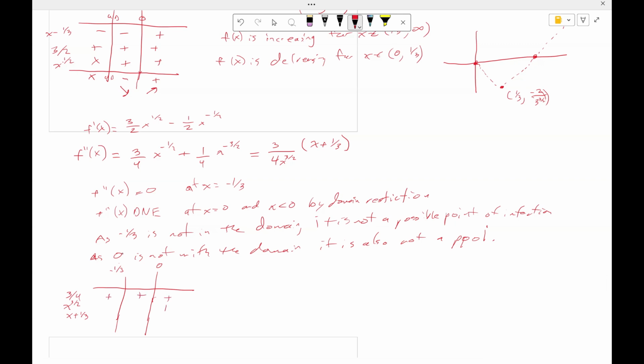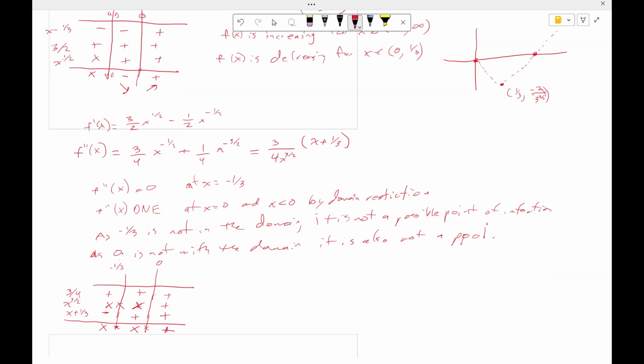X to the 3/2 is positive when greater than 0 and undefined when less than 0. And x plus 1/3 is positive until minus 1/3 where it becomes negative. Multiplying the signs, I get positive, does not exist, does not exist. Here it does not exist. Here still doesn't exist because I'm not defined there.